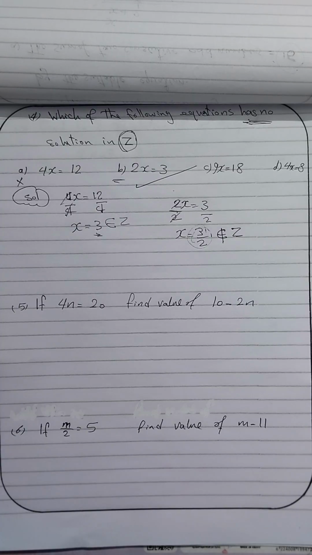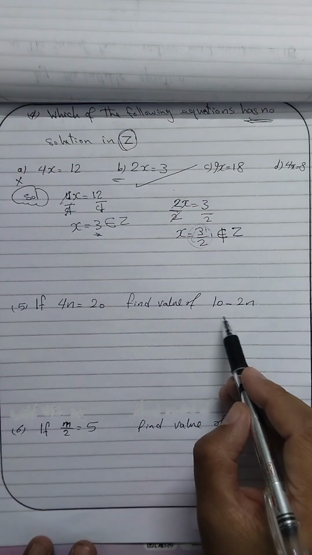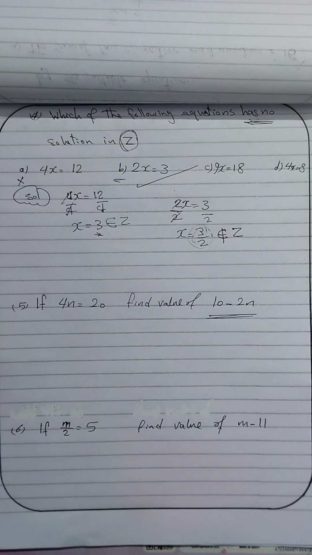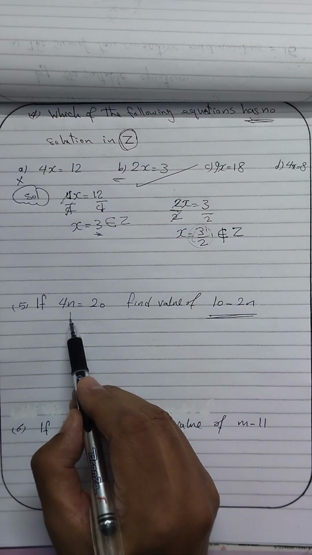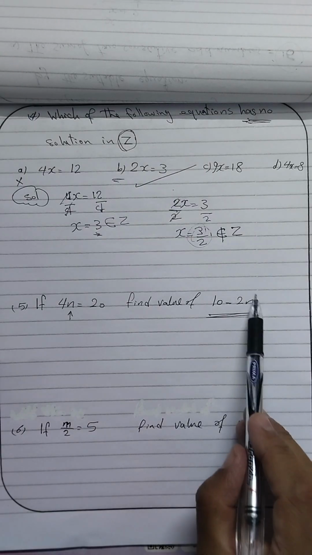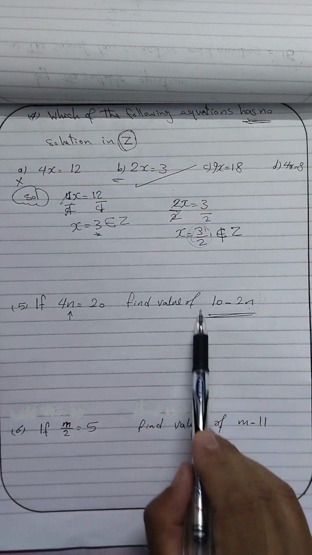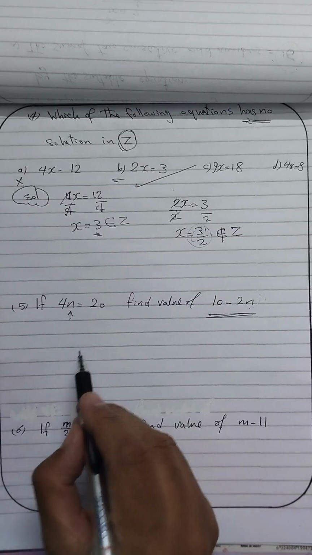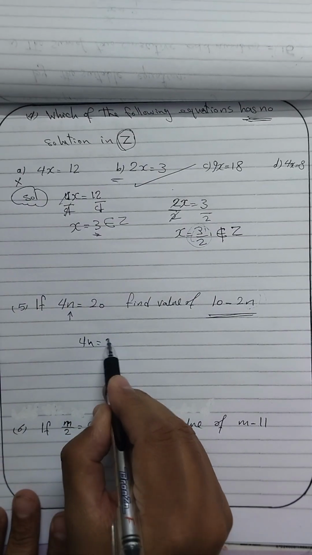Number 5, if 4n equals 20, please find the value of 10 minus 2n. So I need to find the value of n first, and then we replace the value here to find the value of this expression. 4n equals 20.